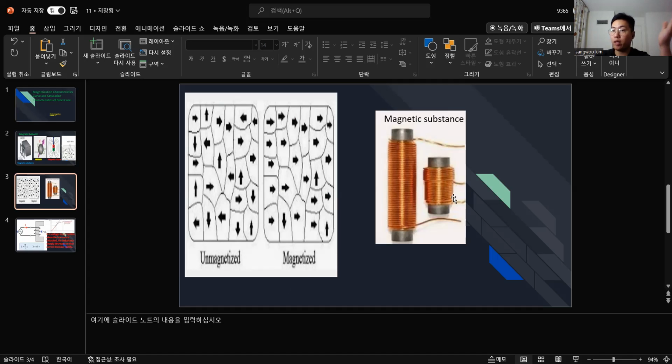Same, because as I said, current also makes a magnet, and a magnet also causes current. So it's the same. We don't need to make it a magnet on this side and this side.